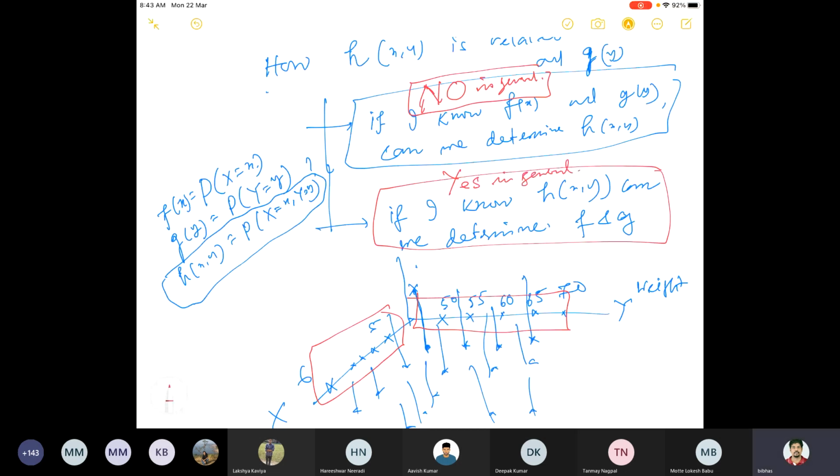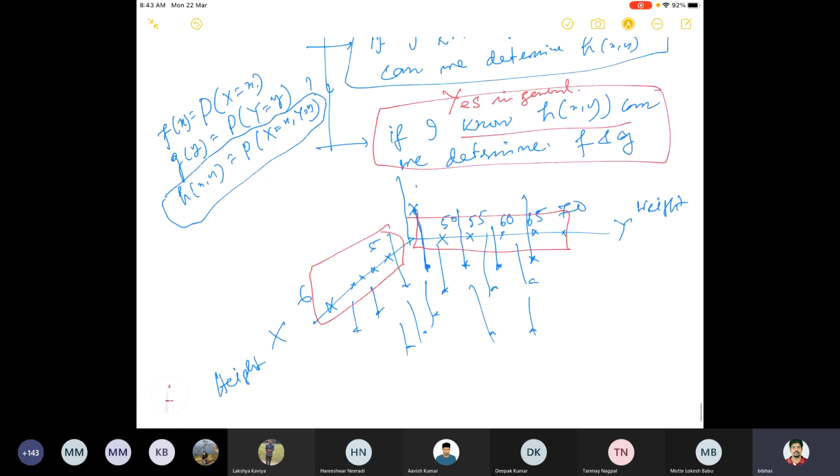There is also a hint: if I do not know the correlation, how the values of x influence the values of y, how can we determine the individual distributions? The simple answer is you just project it and see what is happening. That's a simple intuition, and then we'll see how this can be done. So this is always yes in general.